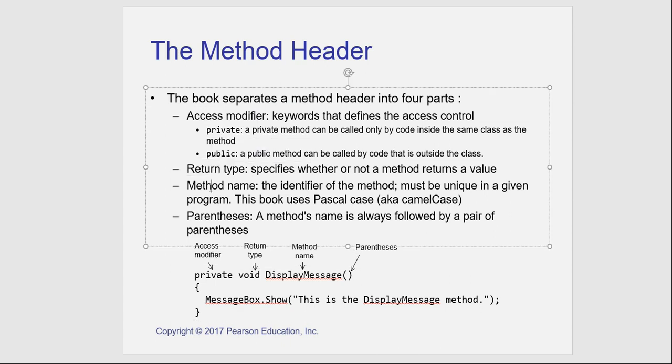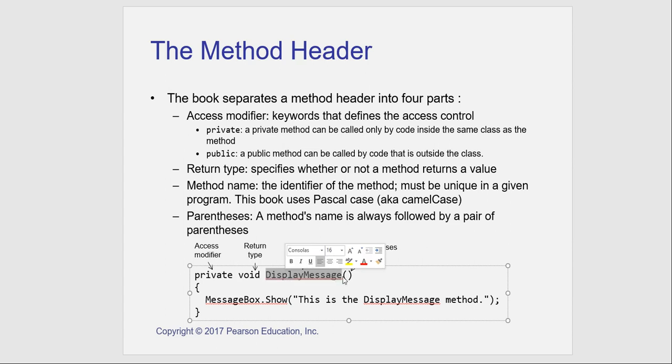Then we have the method name, and then the block of statements. So this is how you set up a method in C#: the access modifier, the return type, the method name, and the parentheses with the arguments in them, followed by the block of statements that you want to execute. All right, that's an introduction to methods, and I will see you in the next video.